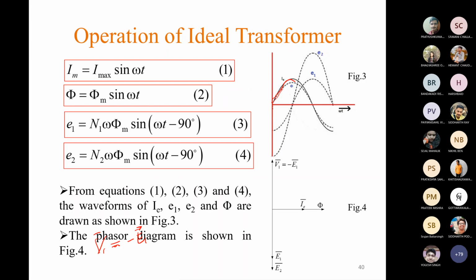As per the wave shape diagram, you can see the maximum value of flux is less than the maximum value of IE. But here in the phasor diagram we have drawn phi greater than IE. Is it correct?